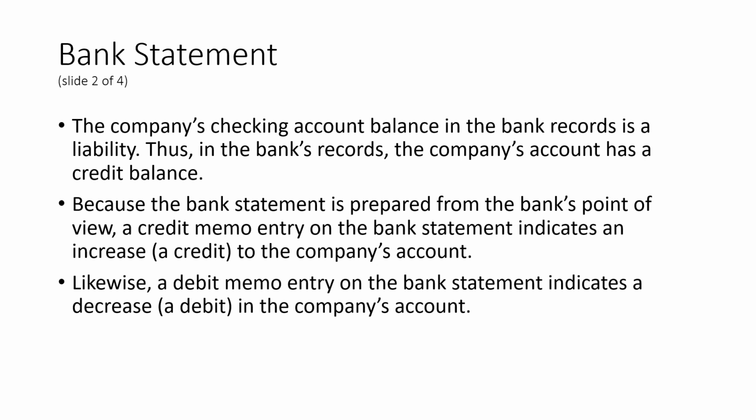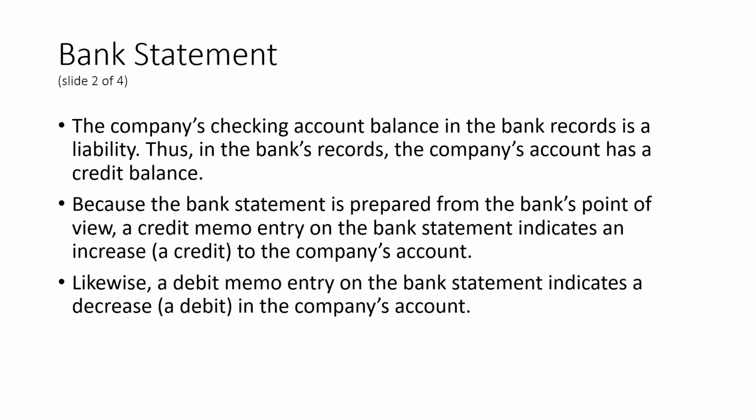So that's why it's on the books as a liability. So on the bank's records, the company's account has a credit balance. So because the bank statement is prepared from the bank's point of view, a credit memo entry, so anything showing a credit on the bank statement, is an increase to the company's account. So from the bank's perspective, that would be a credit.